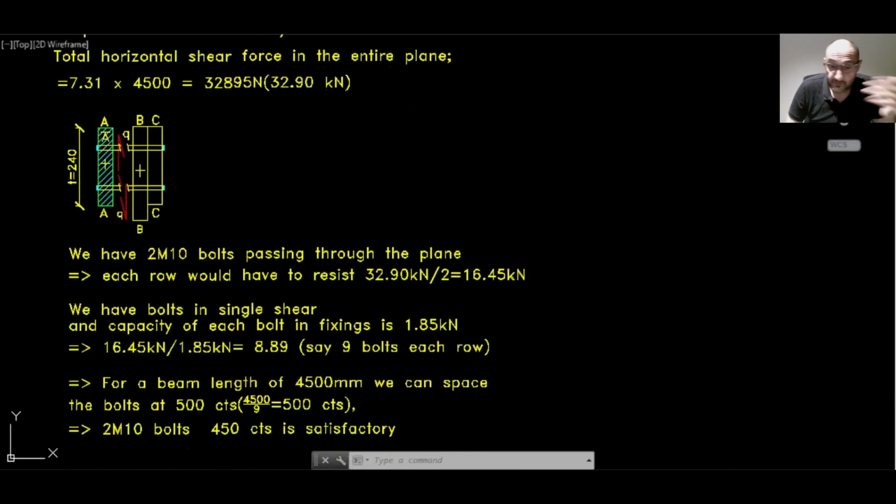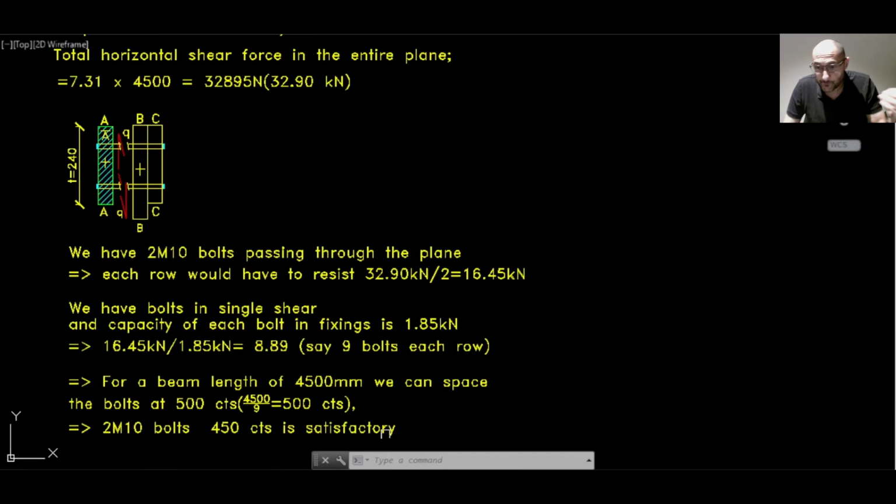For a beam length of 4,500, we can space out the bolts at 500 centers. So 4,500 divided by 9 is 500 centers. Now remember, this spacing is conservative, because we've taken the most conservative design shear force of 14.37.